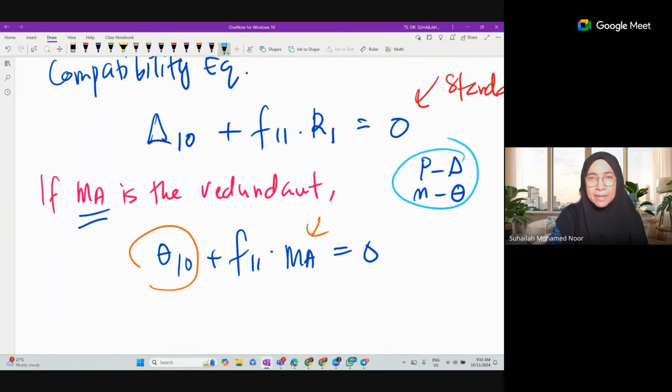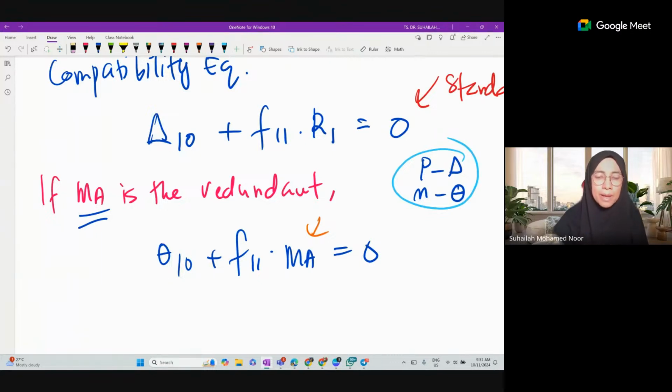Okay, P and delta. So if moment is the redundant, it is theta 1 naught plus F11 tak berubah, still remain the same. So F, kalau depan ni theta, F pun theta juga. F pun rotation juga. Dia automatically ubah ikut yang depan. Okay, tapi still kita sebut dia F, even though now it is a rotation.